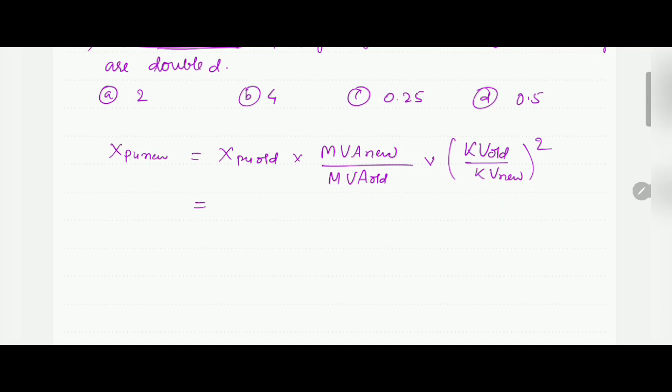So let us take X per unit old value to be equal to 1, the new value will be equal to 2 units and the old one will be equal to 1 unit. So here also 1 divided by 2 whole square. On simplifying we will be getting 1 upon 2 that is equal to 0.5. So option D will be the correct answer.